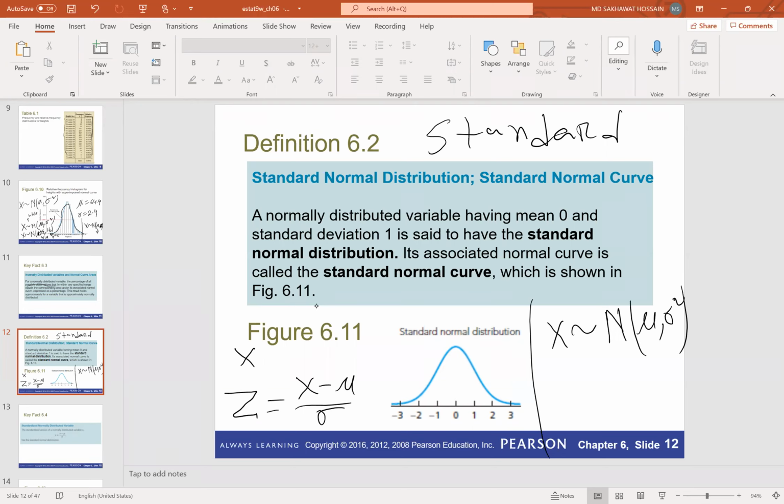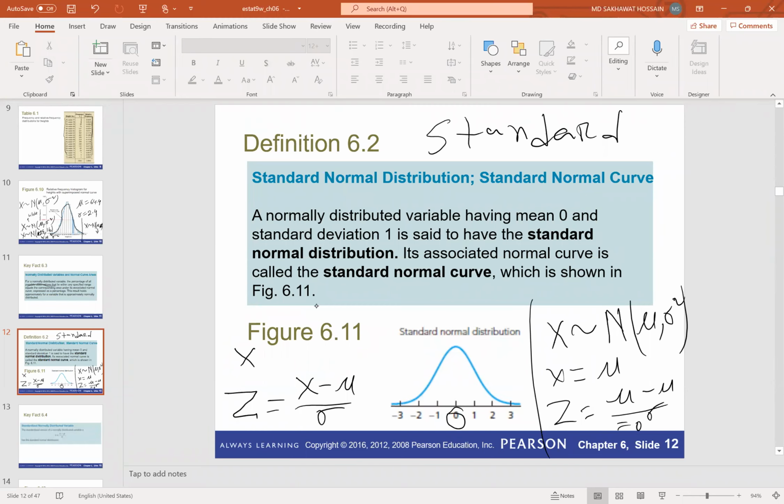Previously the mean was mu, now I'm subtracting mu from x. So when x equals mu, the mean, then z will be mu minus mu over sigma, which is 0. So for a standard normal distribution, the mean is always 0. When you standardize a random variable, the mean will be 0 because you are subtracting the mean from each observation.